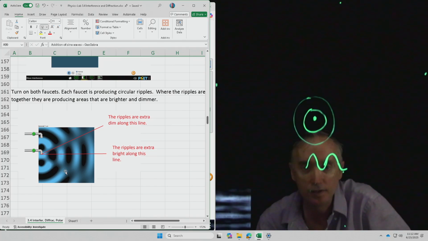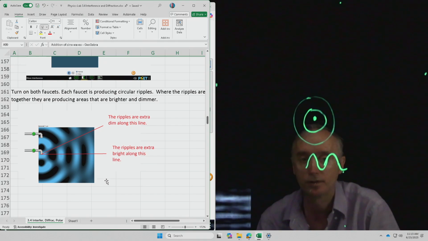But then, do you see down here? So along this line and along this line, it got dimmer. And then you'll notice that over here, it's bright again. So along this line down here, it's bright, and then along here it's dim, and then bright, and then dim, and then bright again. So that's going to be areas of constructive and destructive interference.